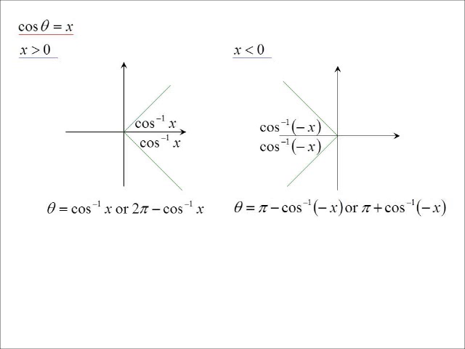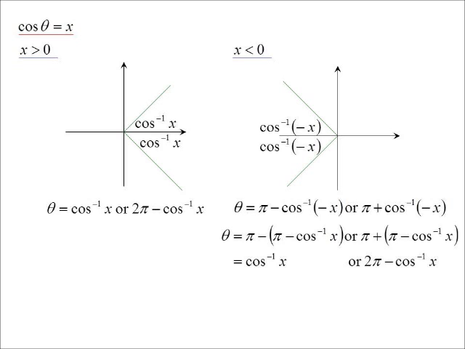Now, our rule for inverse cos of negative x, because we had the odd function shifted up, is pi minus the inverse cos of x. So this one becomes inverse cos of x, same as that answer. And the other one becomes 2 pi minus the inverse cos of x, same as that answer.